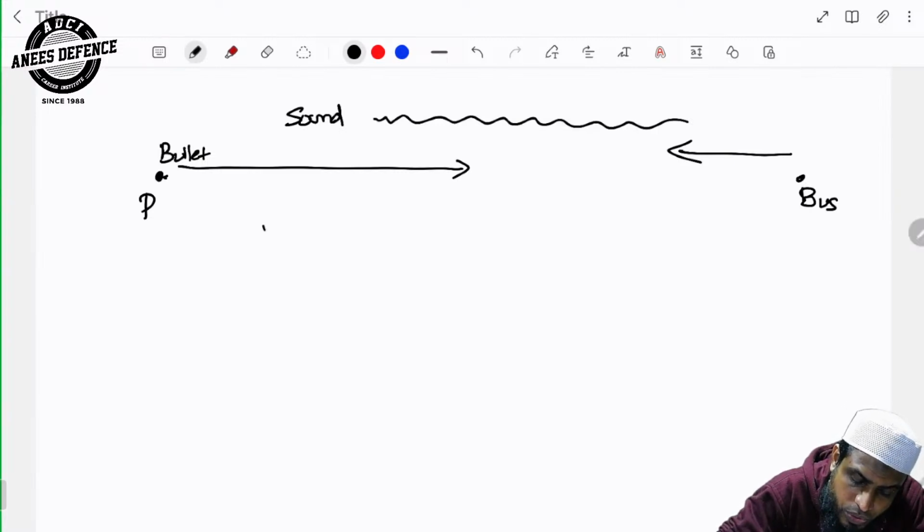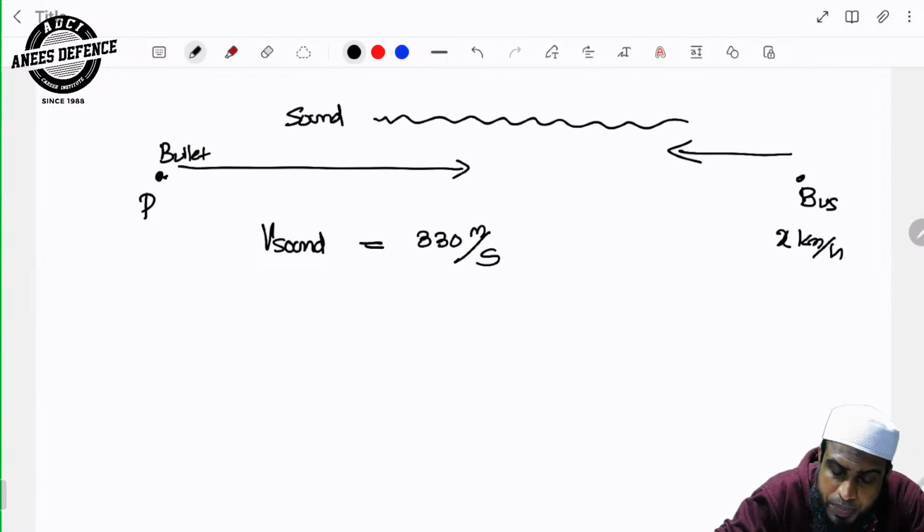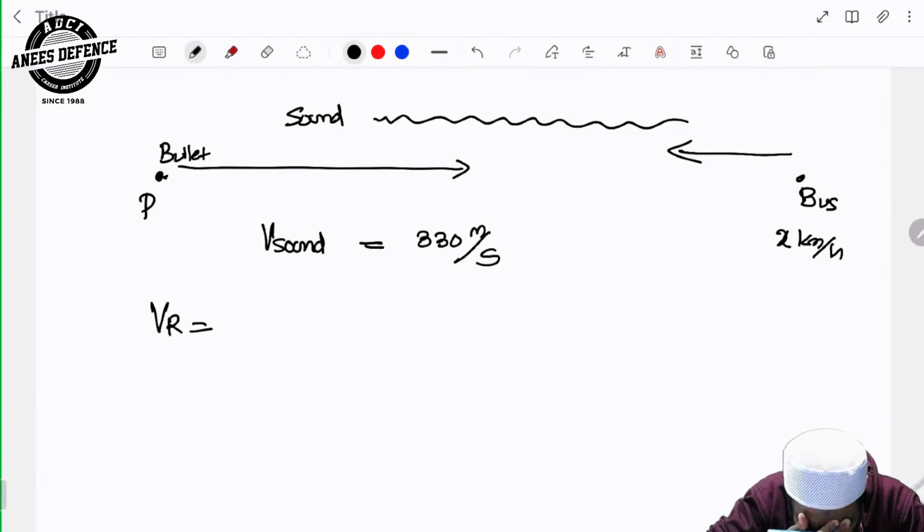Here, the velocity of sound is 330 meters per second. The speed of the bus we don't know. It is in kilometers per hour, so the relative velocity we should add because both are approaching each other.